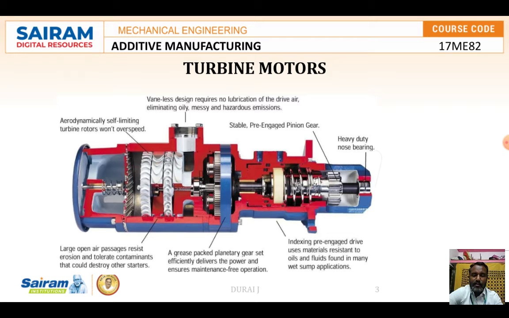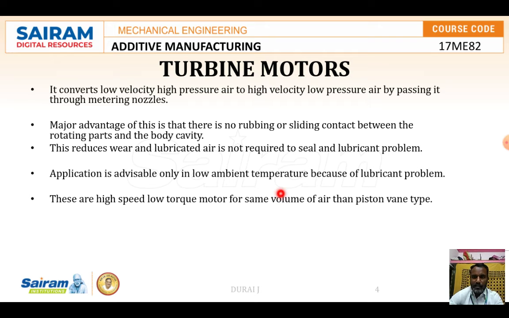Then the shaft starts to rotate so that it transmits the power to the various works. One important function of the turbine motor is that it converts low velocity, high pressure air into high velocity, low pressure air by passing it through the metering nozzles.